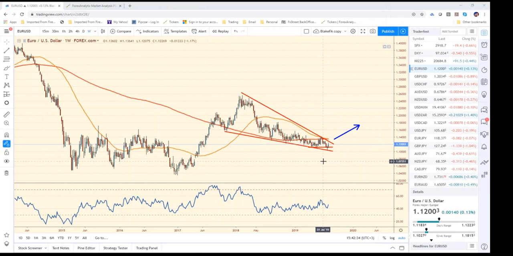But that's not going to contain the euro forever. Let's all realize that. For those of us like Boris and myself that have been in the FX market for so many years, we know that the options market can trap spot price for only so long, and then it'll loosen up. And once it loosens up, it might surprisingly be to the upside. So I think we've got to keep that in mind moving forward.